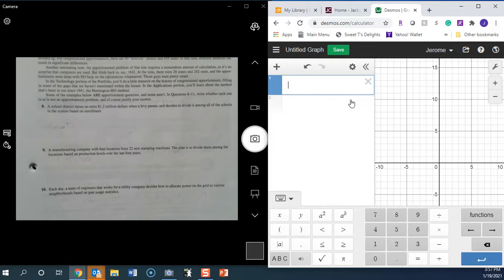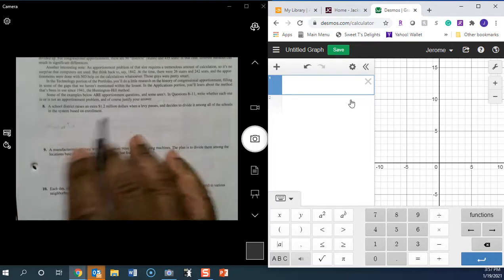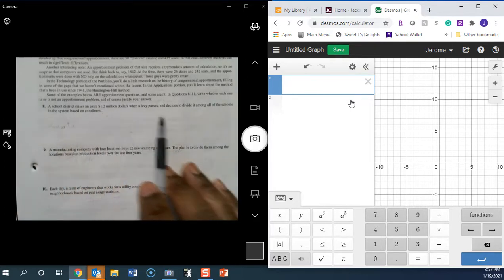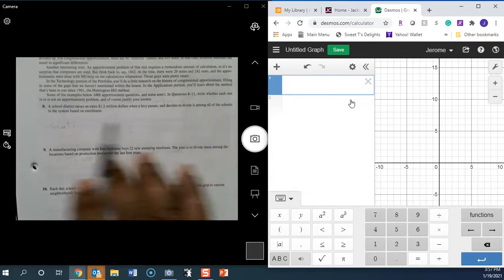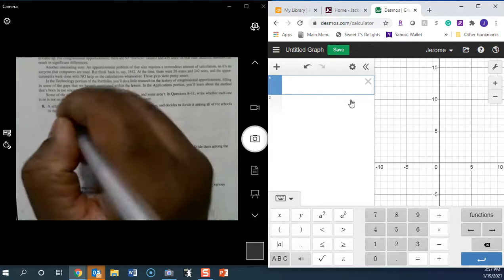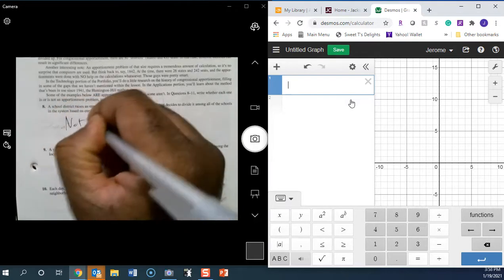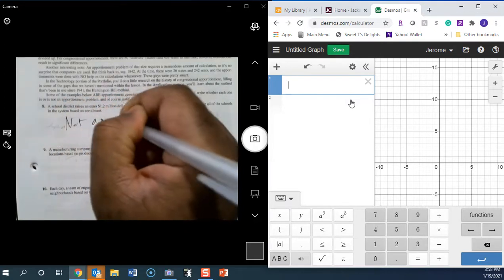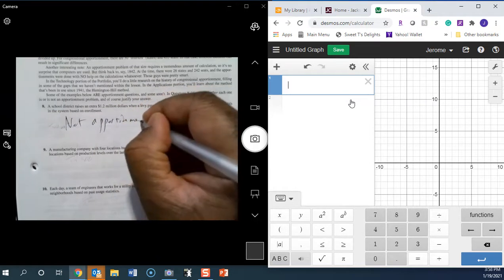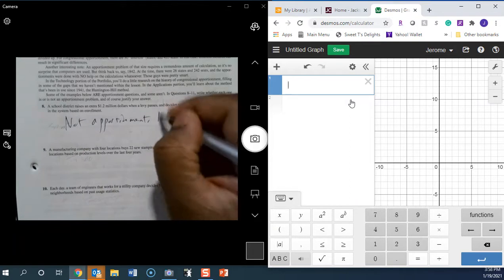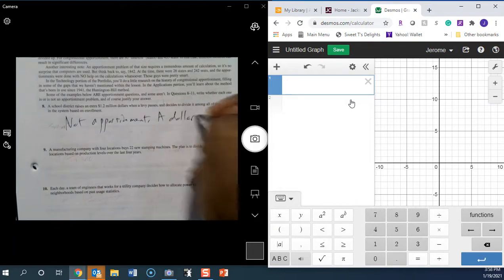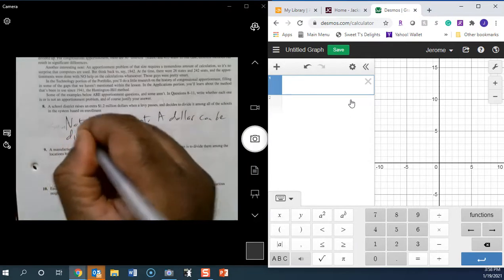So here, a school district raises an extra $1.2 million with a levy that passes and decides to divide it among all of the schools in the system. So this is not apportionment, because a dollar can be divided up.